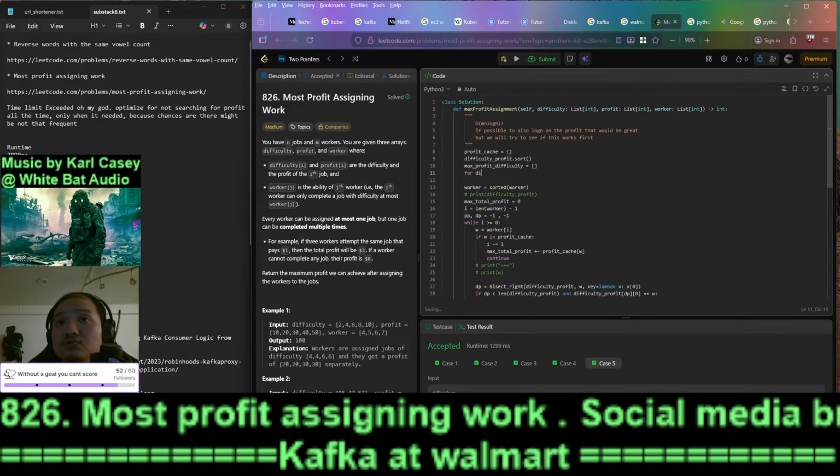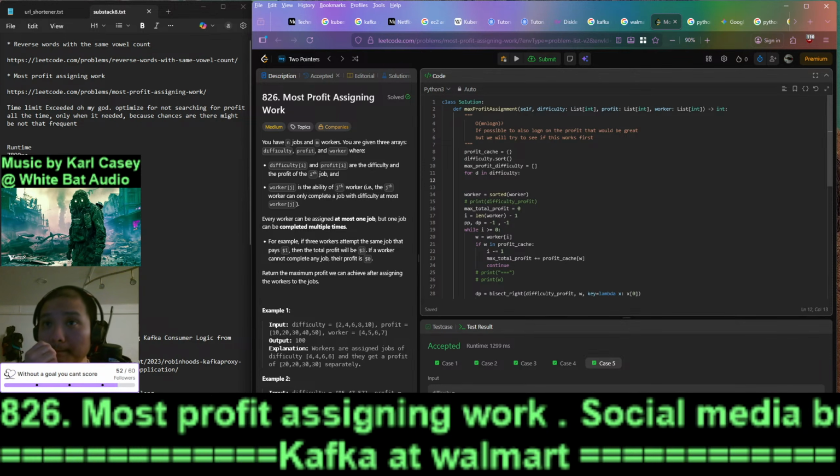So we sort through difficulty dot sort here, right? So for D in difficulty, right?